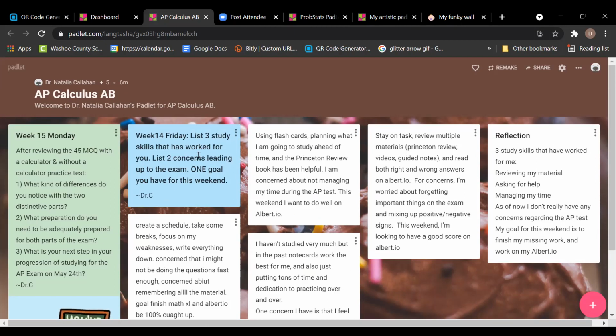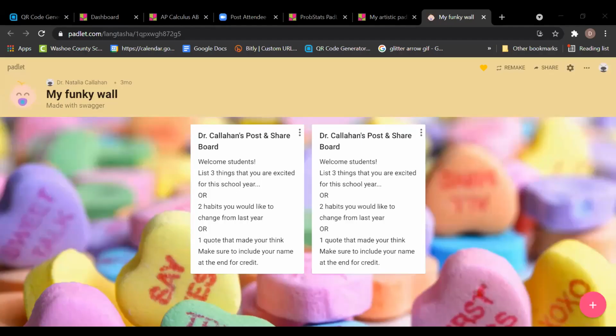All right, you guys, that's basically it. Make sure you are working towards your Albert IO, specifically what you should be working on this week, week 15. Your goals for this week are to pick any 30 questions from Unit 5, which is applications of derivatives: extrema, maximum, concavity.